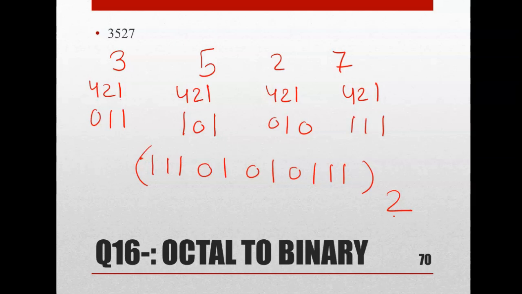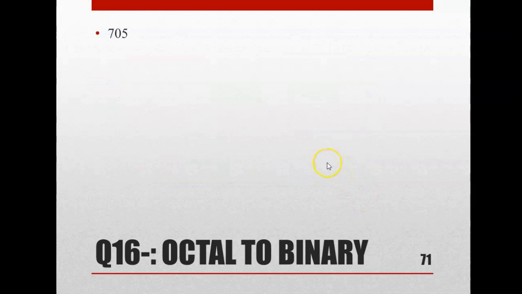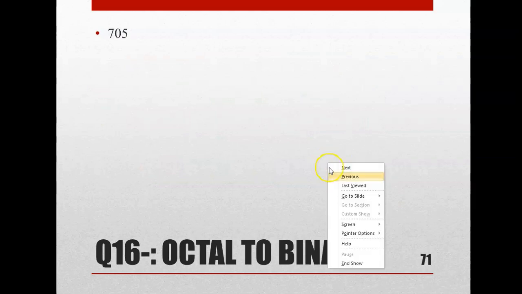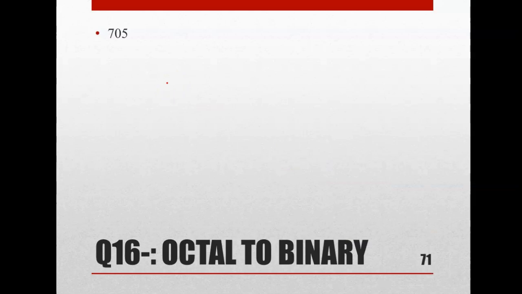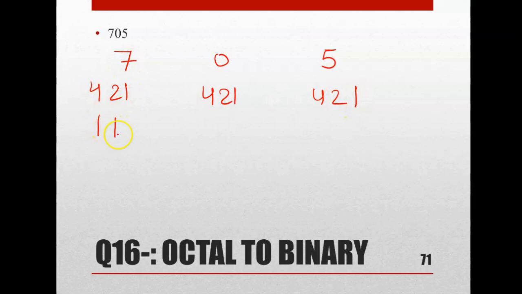This is question number 16, and now we will take the third part of this question number 16, which is again the same thing where we have to convert octal to binary. So let us separate all the three digits present in this octal number. We have 7 0 5, 4 2 1, 4 2 1 and 4 2 1. Right, convert it into binary. 7 is 4 plus 2 plus 1, so triple 1.